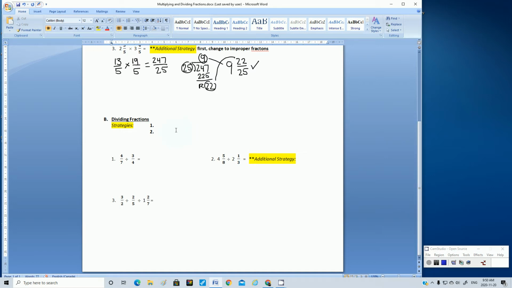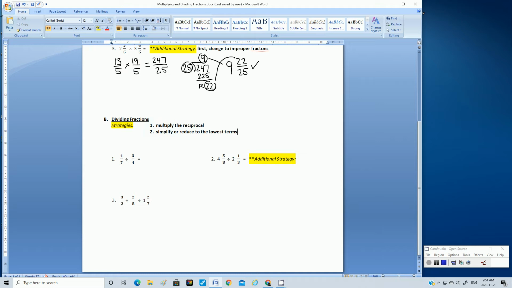So let's record a couple of strategies here, okay? All right, the first one is we multiply the reciprocal. Okay, I'll explain what that means in a minute. Multiply the reciprocal. And then when we get a new answer, we have to simplify or reduce to the lowest terms.